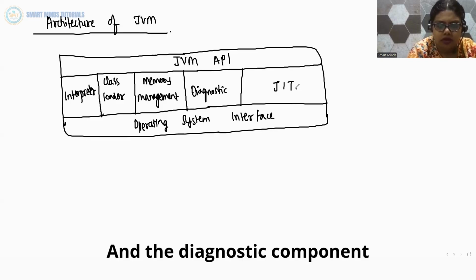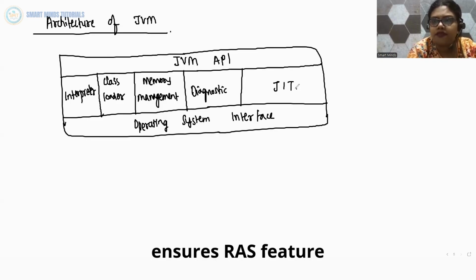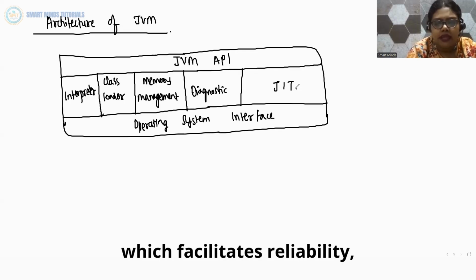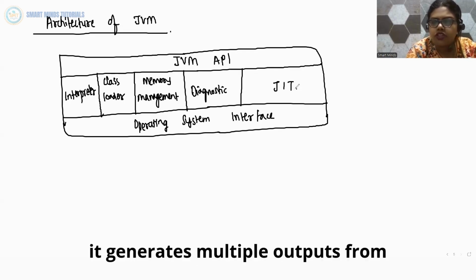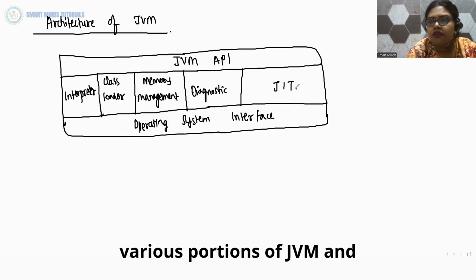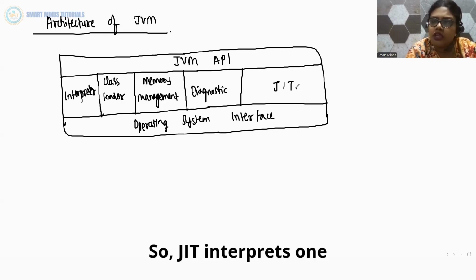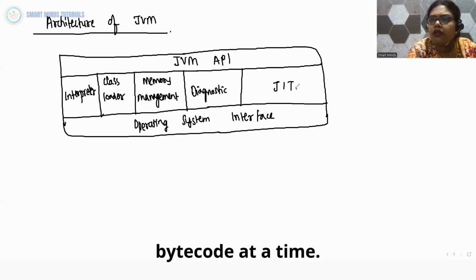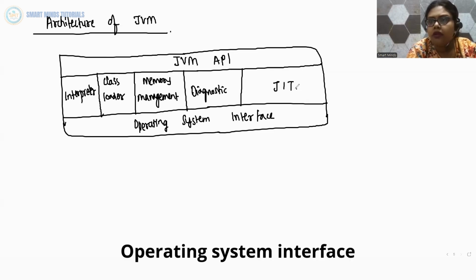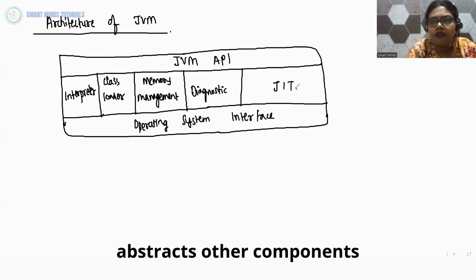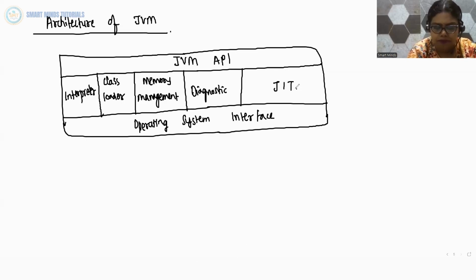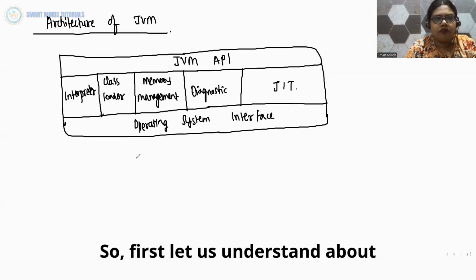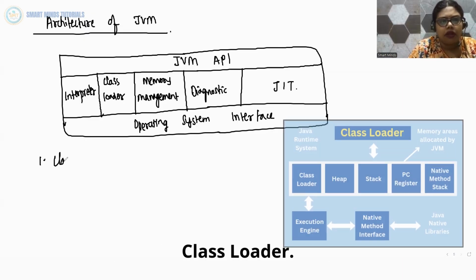The diagnostic component ensures the RAS feature, which facilitates reliability, availability, and serviceability. So it generates multiple outputs from various portions of JVM and JIT. JIT interprets one bytecode at a time. The operating system interface abstracts other components of JVM from its platform. So first let us understand about the class loader.